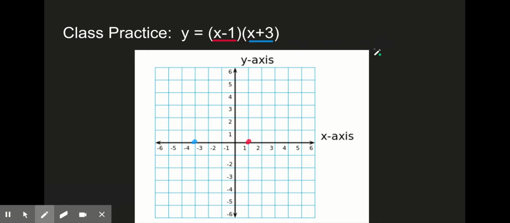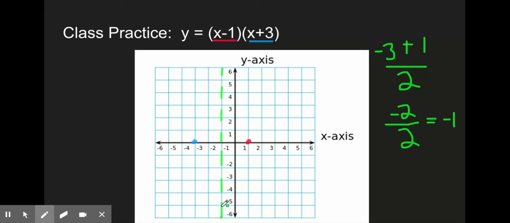So the next thing I need to do is say, well, what's in between those? Negative 3 plus 1 is negative 2. Divided by 2 is negative 1. Let's look. Does this make sense as an axis of symmetry? It sure does. And now it's my job to find the vertex so I can really finish strong here.